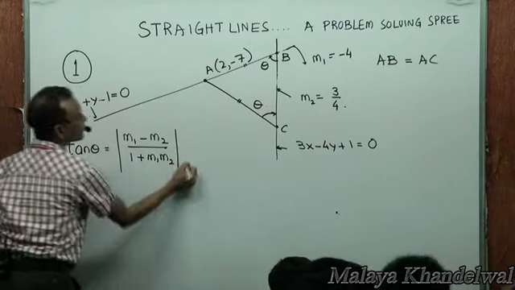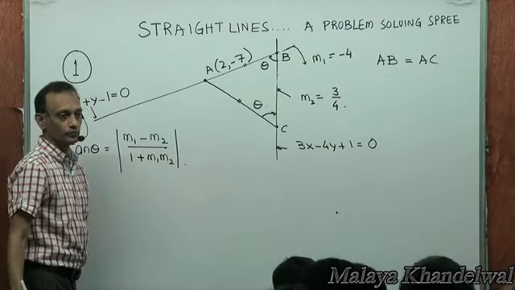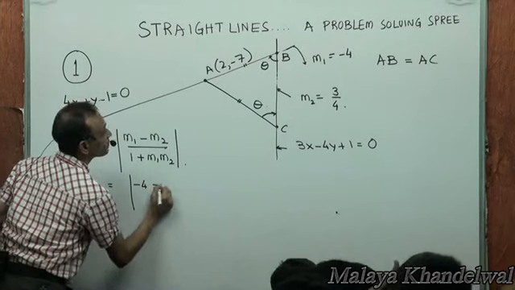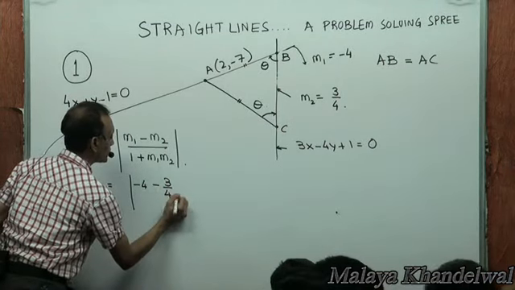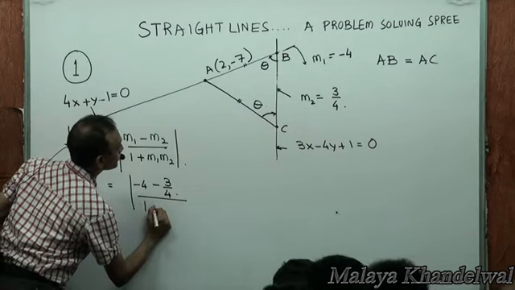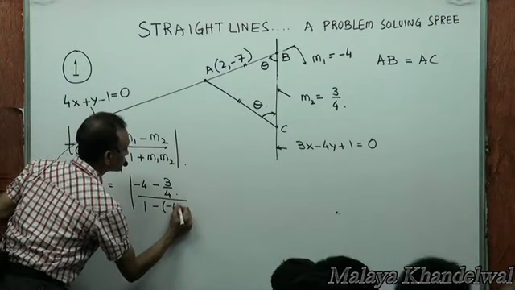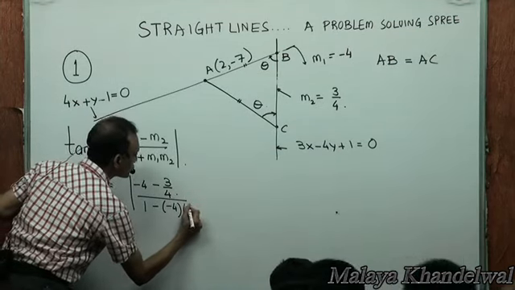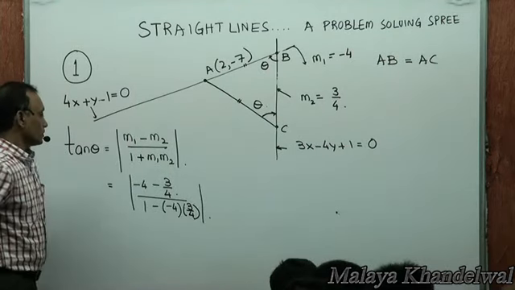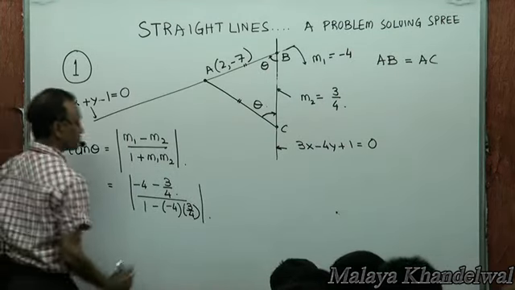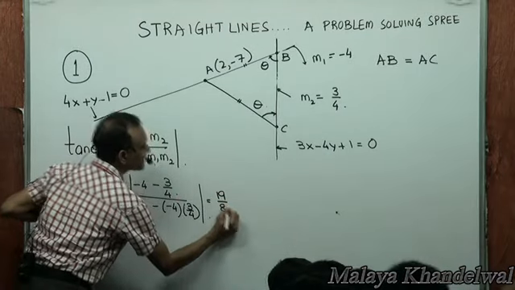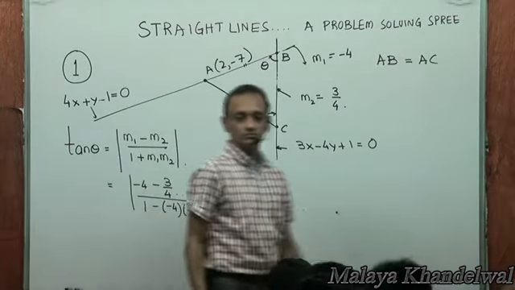Yes or no? Which is mod of minus 4 minus 3 by 4 divided by 1 minus 4 into 3 by 4. Yes or no? So that makes it 19 by 8.